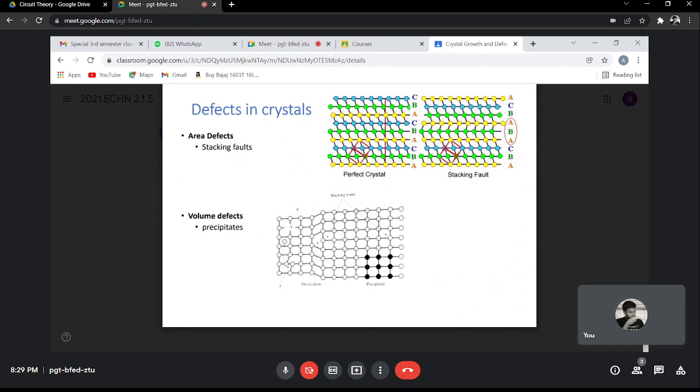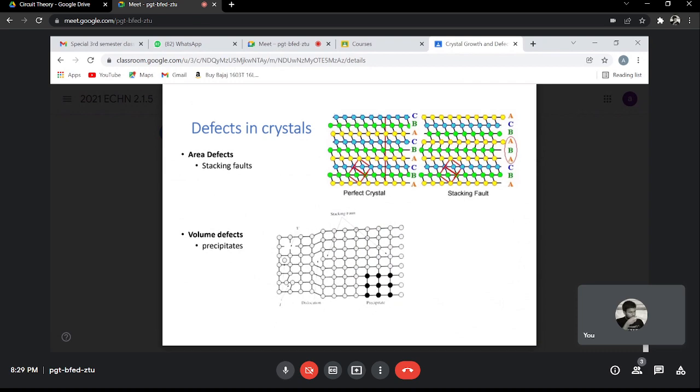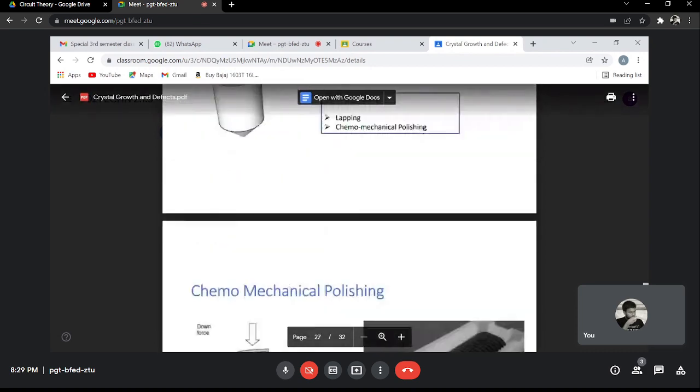How do we make it better without actually getting rid of it? That's one point. The second part is we use a whole lot of defect-related modification of semiconductor properties. So we create defects in order to modify the behavior.